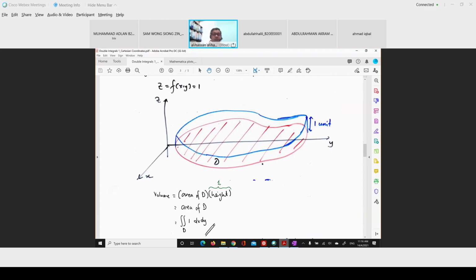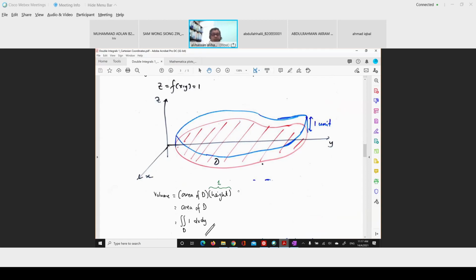So the volume of this object is the base area of D times the height.